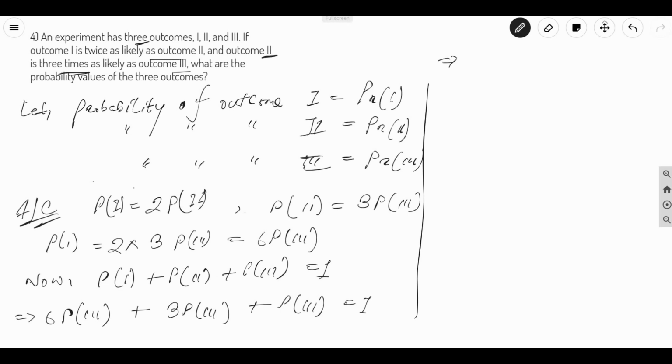So we can write that 10 into probability of 3 is equal to 1, and thus probability of 3 is equal to 1 over 10. Now it will help us to determine the other values as well.